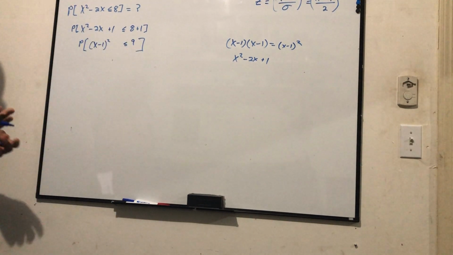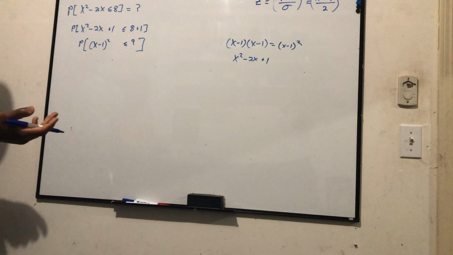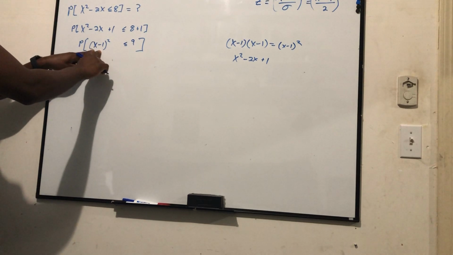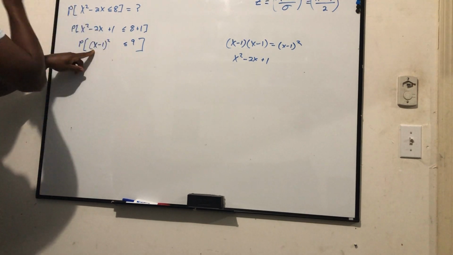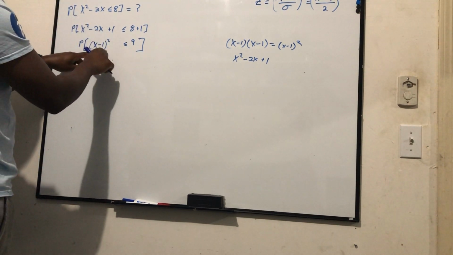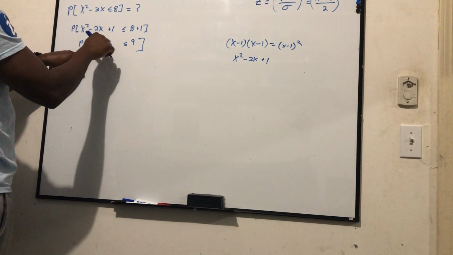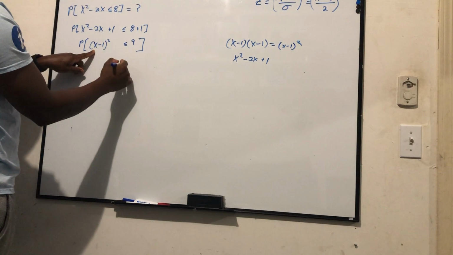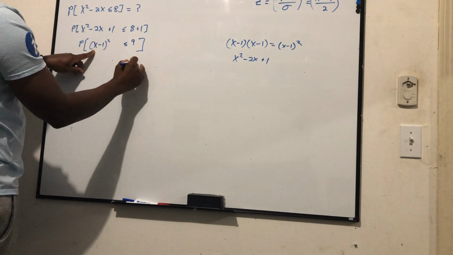All right, we're almost done already. This is right. So remember, we just want x minus 1. We have to get rid of this square. Well, let's square root it on both sides, and we can get rid of this. So we square root 9, we're going to get a 3.